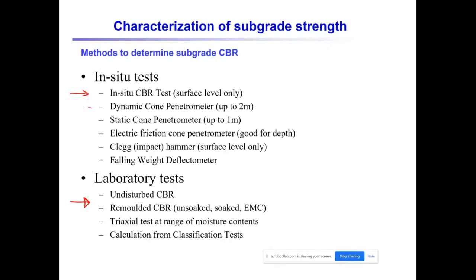In this lecture, we are going to find out how we can determine CBR from the dynamic cone penetrometer test results, and also how to use the classification tests, the results of the sieve analysis and Atterberg limit tests, in order to determine CBR.